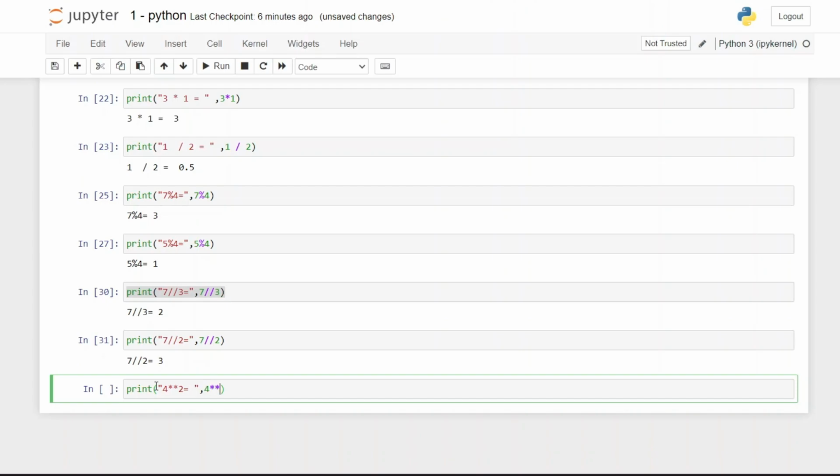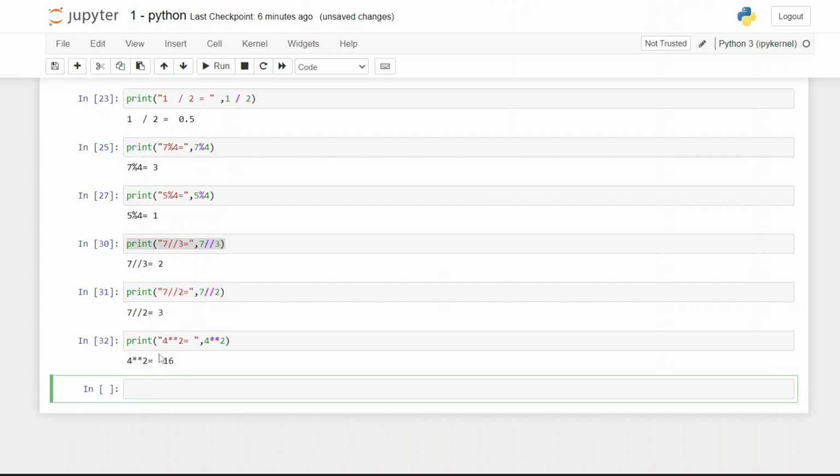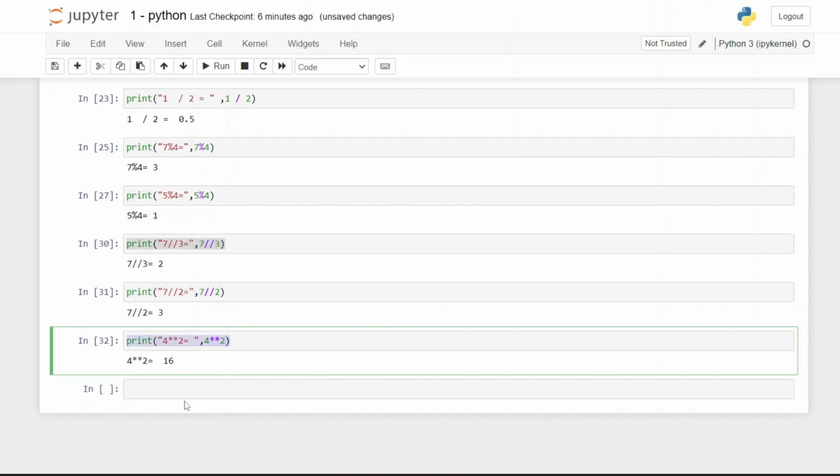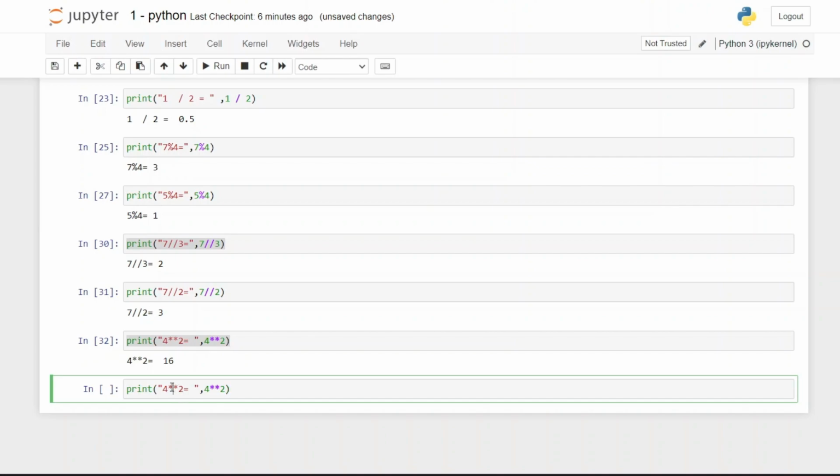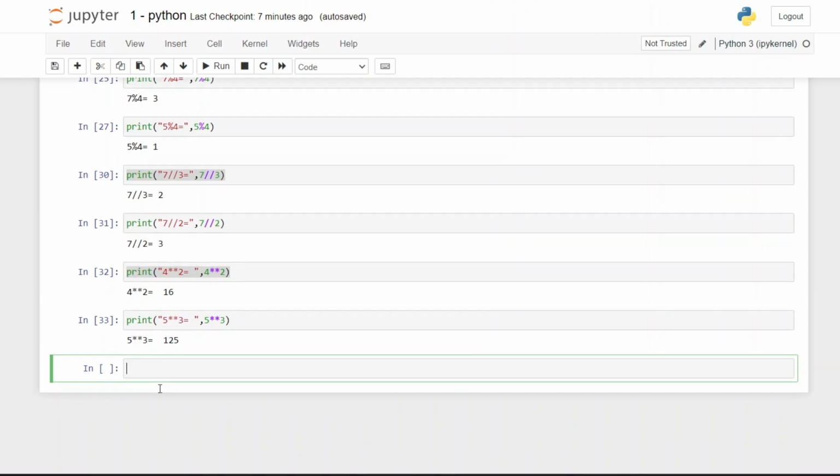So 4 double asterisk 2 gives you 16. If you are checking 5 to the power 3, change the values, and it gives you 125, because 5 into 5 is 25, and 25 into 5 is 125. So our operator topic is clear, and we will go to the next topic in the next video.